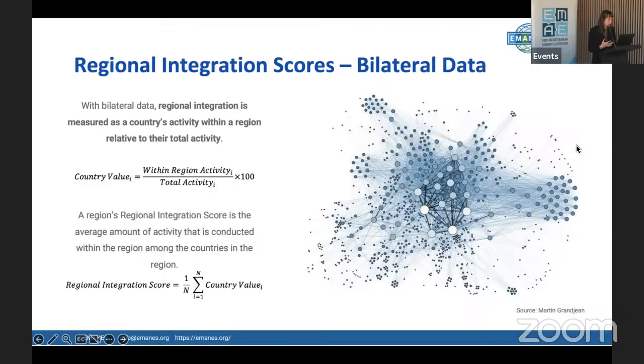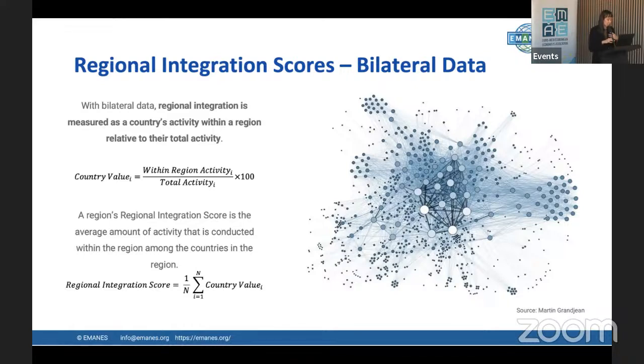So we define a simple equation here, which I calculated using an algorithm in R: you sum up all of their regional activity and divide it by total activity. I multiplied by 100 so that I had a standard score. Then for each region, I define the regional integration score as the average of this activity within the region.